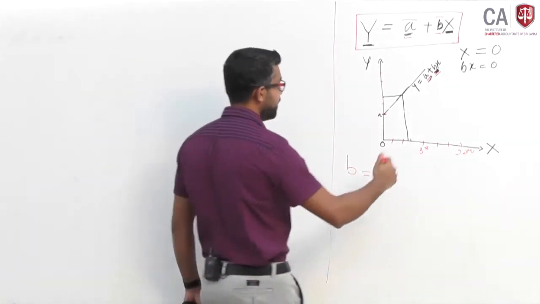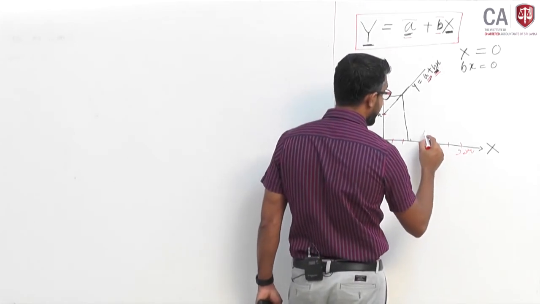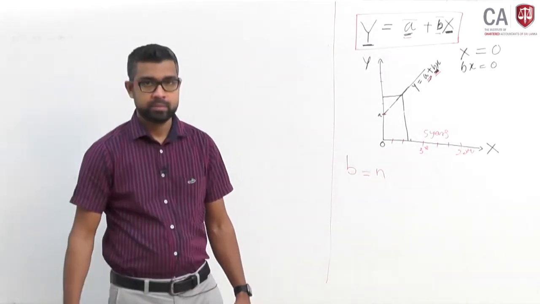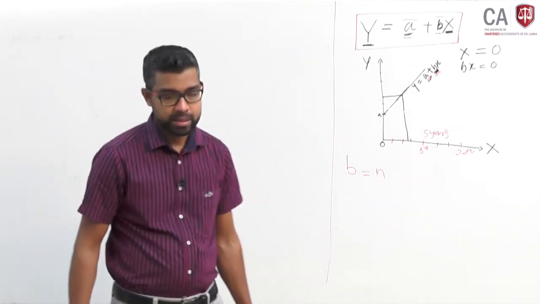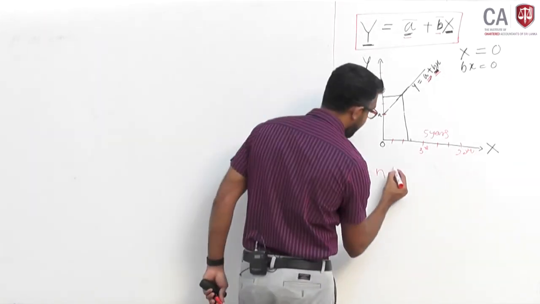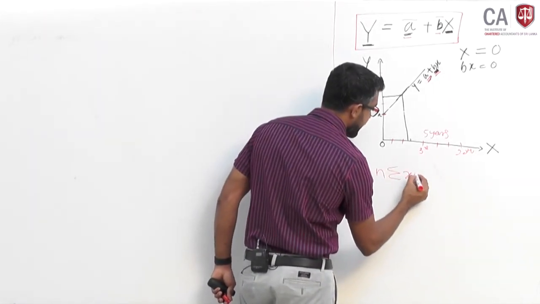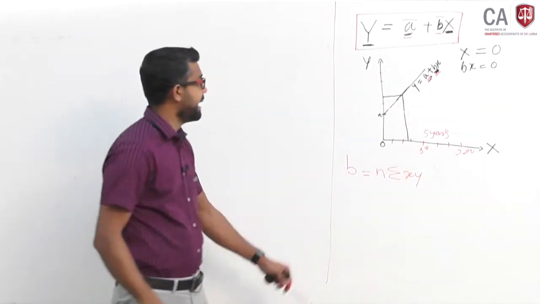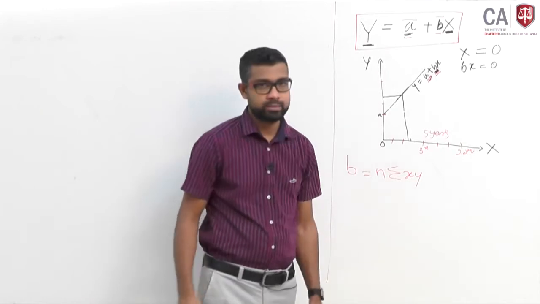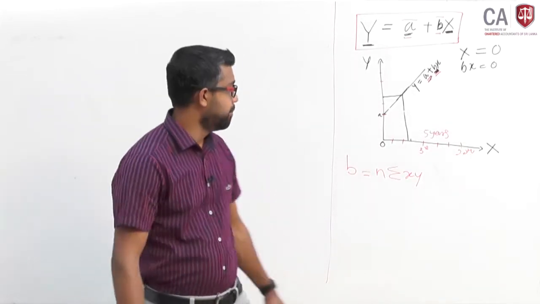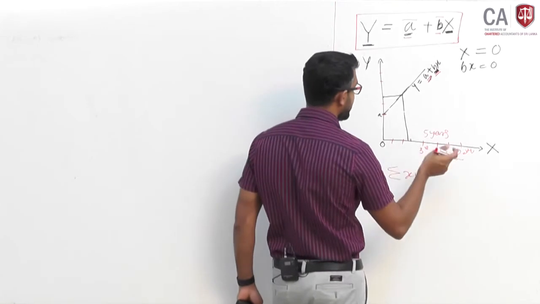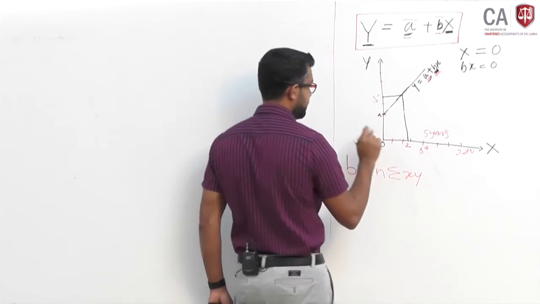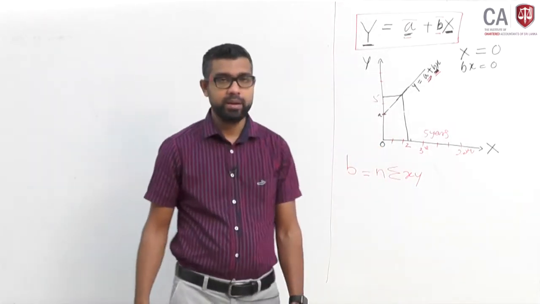Let's say you have 5 years time, which is n, the number of variables, and the sum of xy, x into y, the sum of the products of x and y. Let's say here 2 and here 5, 10, right?